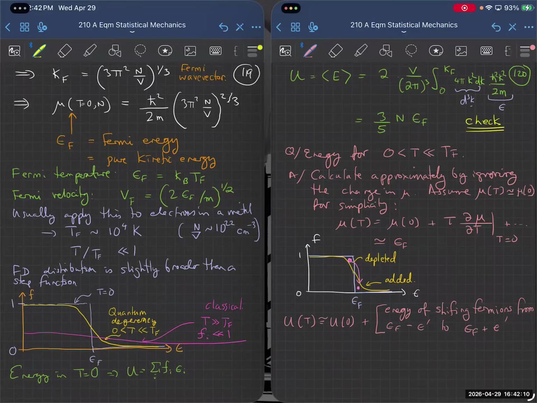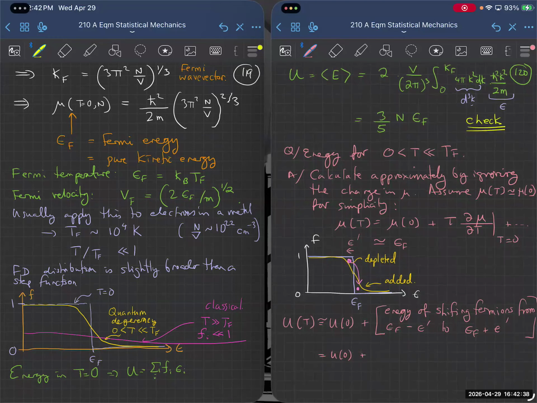So this shift here, that's the thing that I'm calling epsilon prime. So the energy gain, if I take a particle that's at energy epsilon prime below the Fermi surface and move it to an energy epsilon prime above the Fermi surface, is that I've added 2 epsilon prime to the energy of the system.